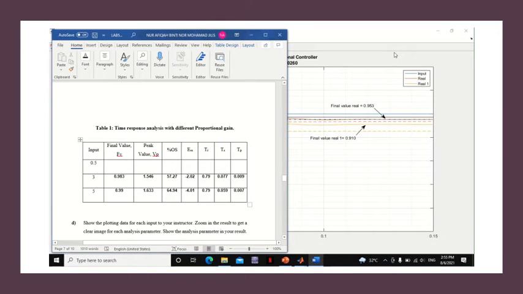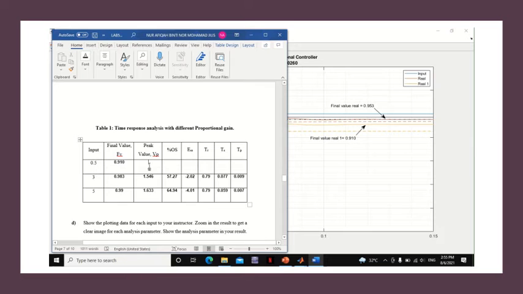Okay, after we finish the graph, next we need to do the table of time response analysis with different proportional gain again. So for 3 and 5 input, I have done my label and value. So for the 0.5, let me see. I have got the final value is 0.910.